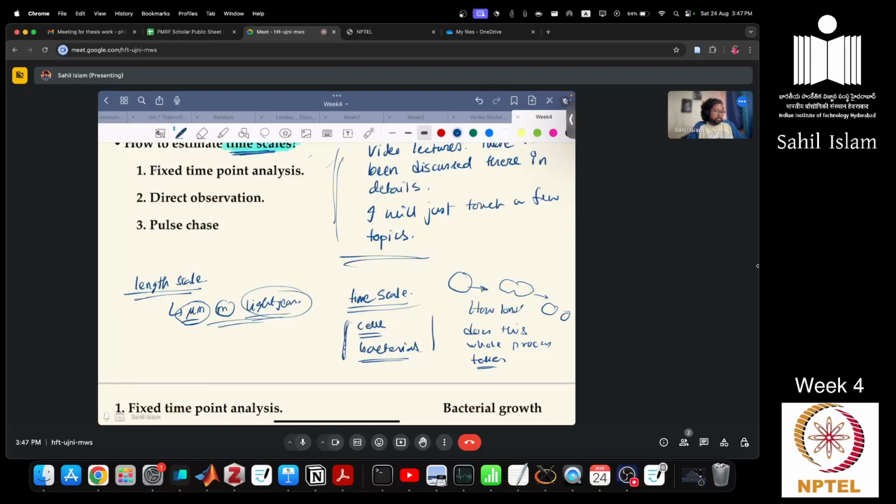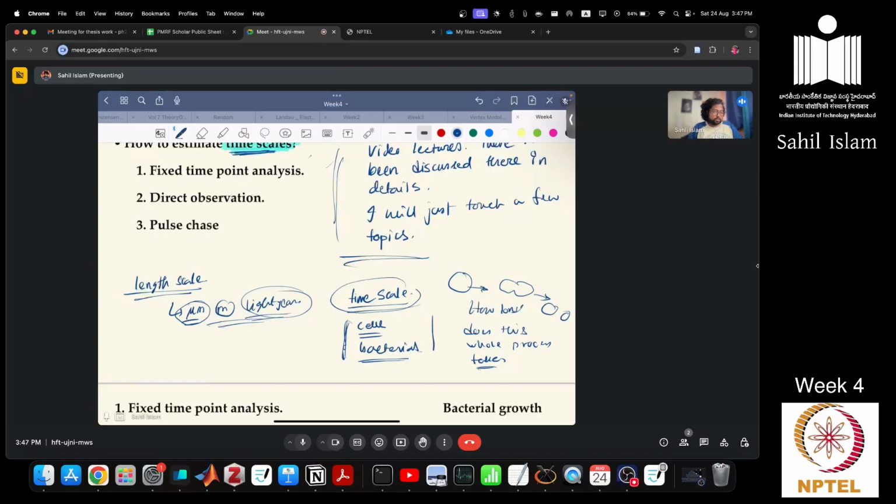From one cell dividing, you can convert it into seconds and relate it to your regular life. Say you walk from here to another place and it takes a minute; how many cells have divided in that minute? Those kinds of ideas you can have by knowing about time scales.